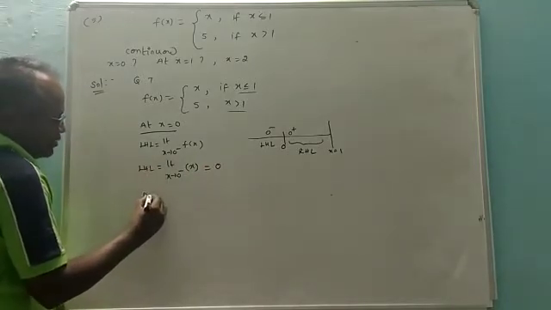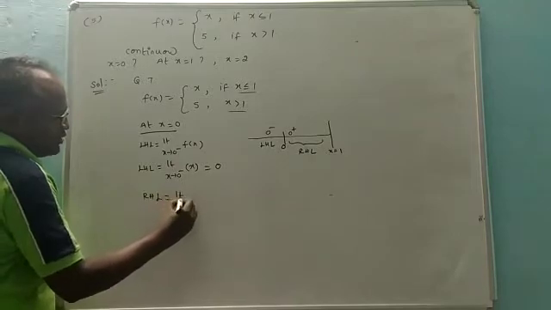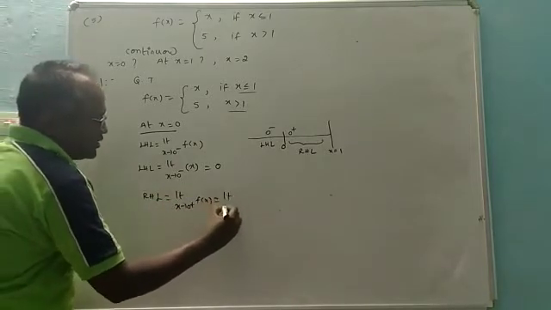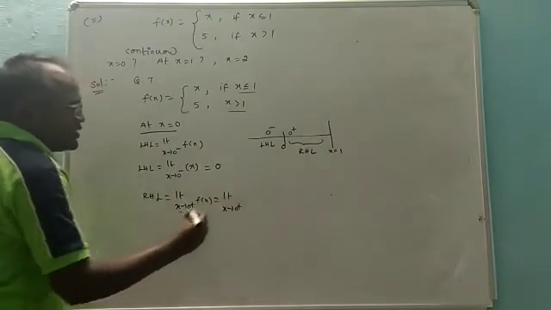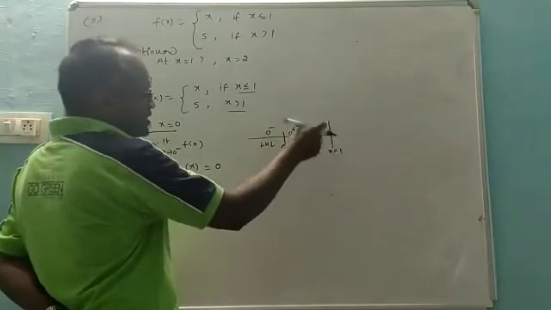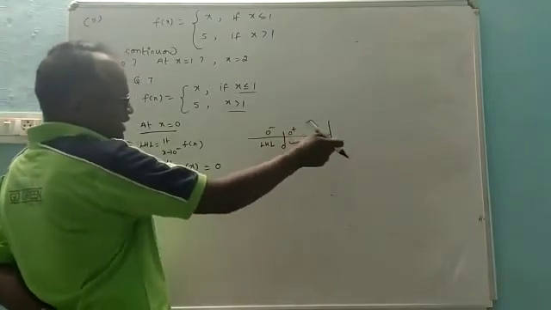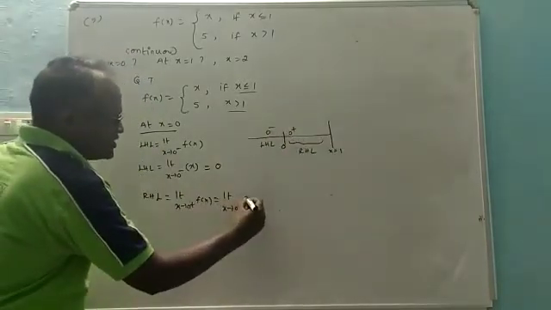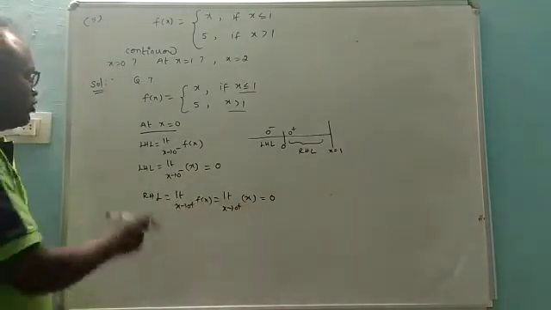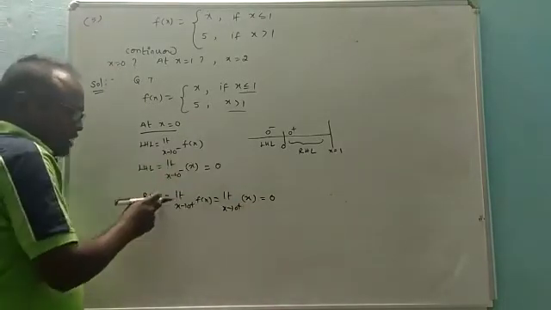What about right hand limit? RHL is equal to limit x tends to 0 plus f of x. Greater than 0 but less than 1 only, so the function is the same function x, so substituting the value here also gives 0. Left hand limit is 0, right hand limit is 0.